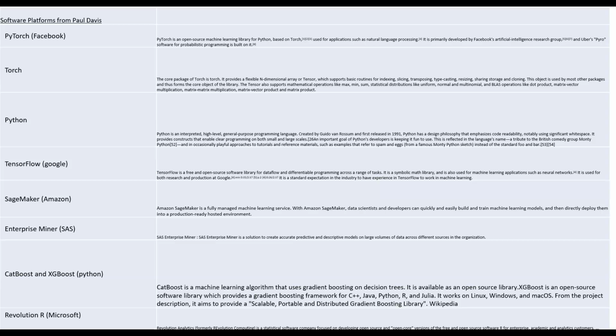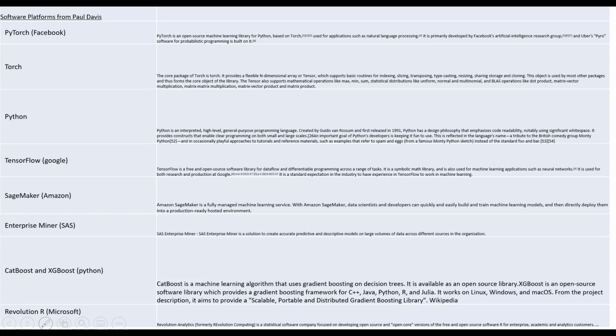I've tried to just do a description, actually, of each of these. And there's R, by the way, down at the bottom, and I hope you can read it. I don't know if I can make this any bigger. Oh, there we go. Lowered it a little bit there. R obviously is a real important one, as is Python.